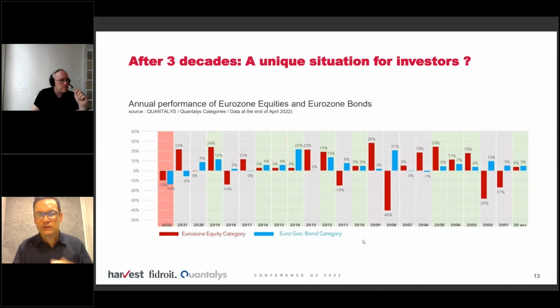And as you can see, year after year, even if you have an equity crash, a crash on the stock market like in 2008, you have a nice return on the fixed income and bond category. And so this diversification means something.